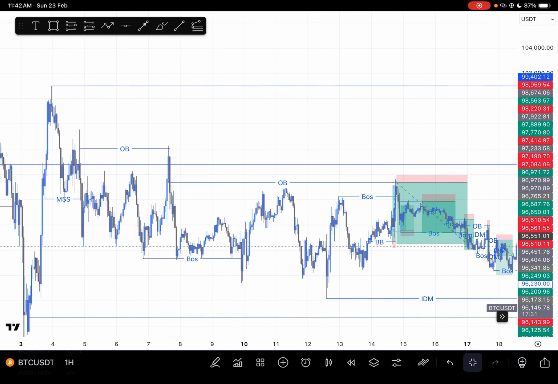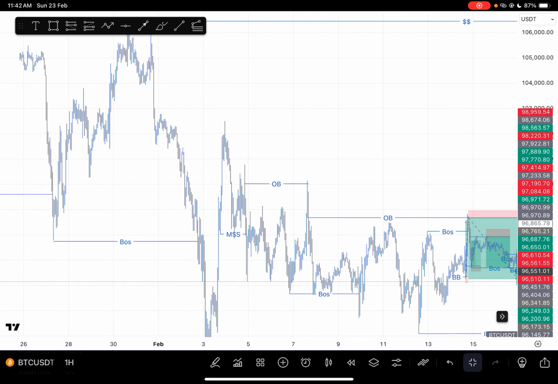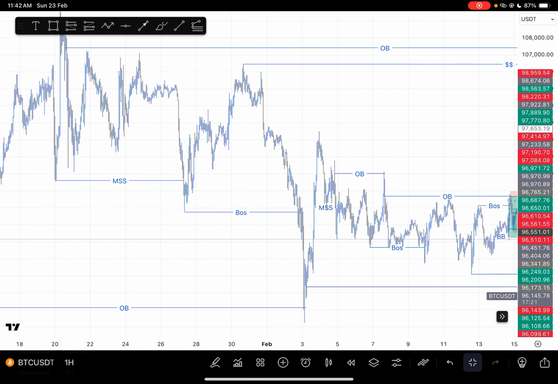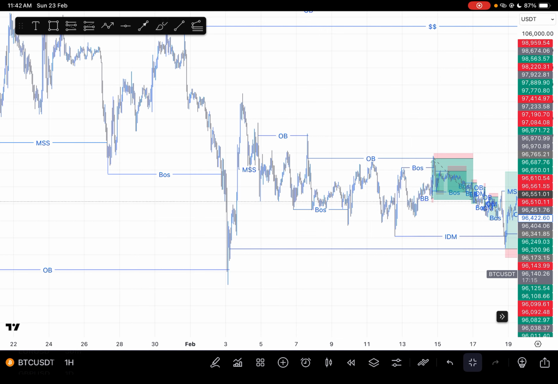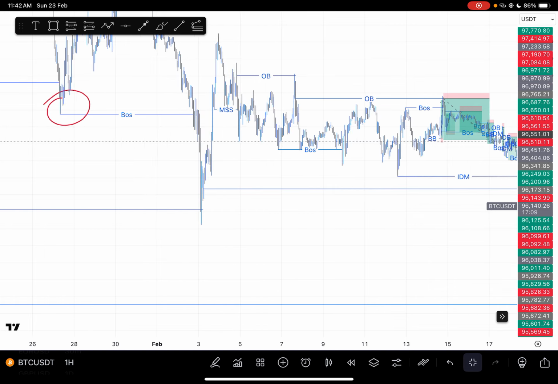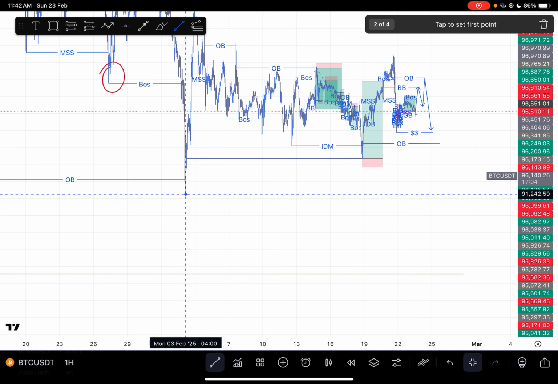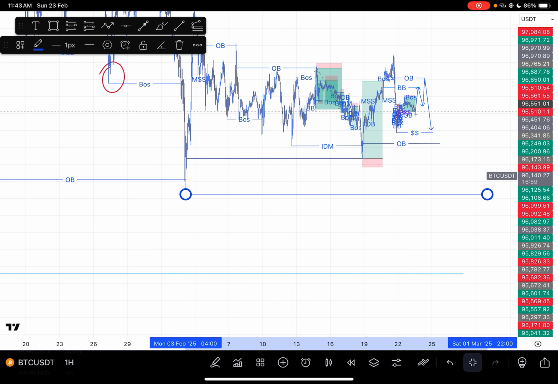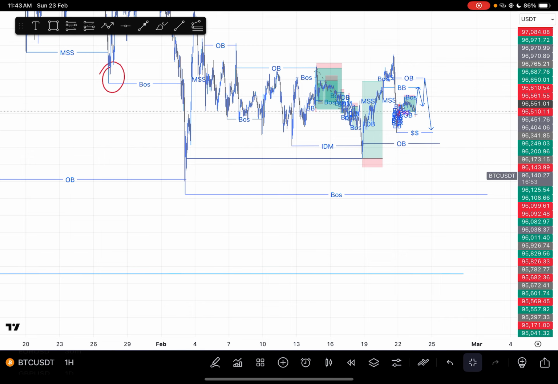You can see price has been on a downtrend on BTC USD after the market structure shift, retest on order block, push down again, created a break of structure here, pushed back up to retest on an order block. So now I'm expecting price to push down to create another break of structure here. That's why I'm expecting a downtrend on BTC USD.